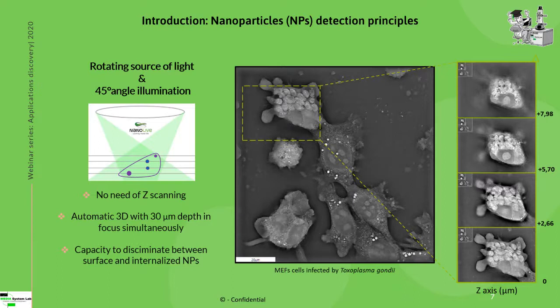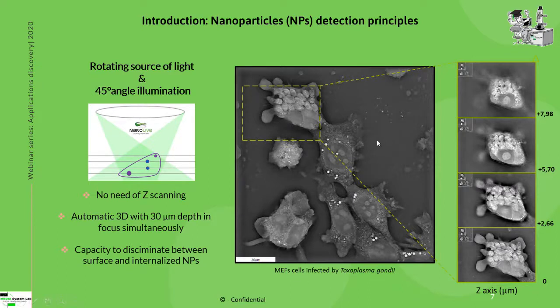With this kind of technology you will have all the Z simultaneously. That is absolutely good when you want to have multiple focal points on Z at the same time. And then you have the capacity to discriminate between nanoparticles that have been internalized and nanoparticles that are on the cell surface.